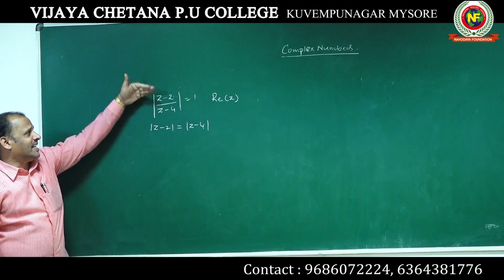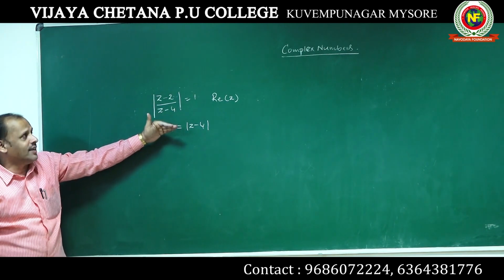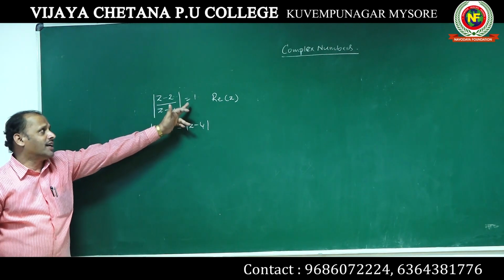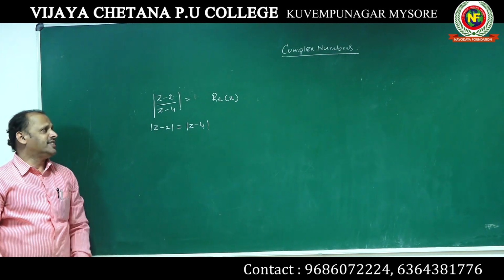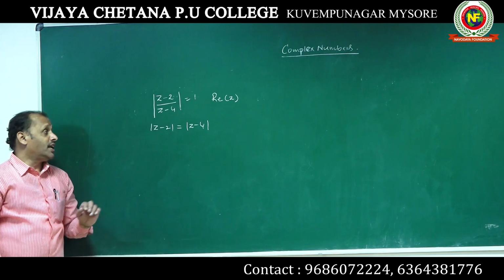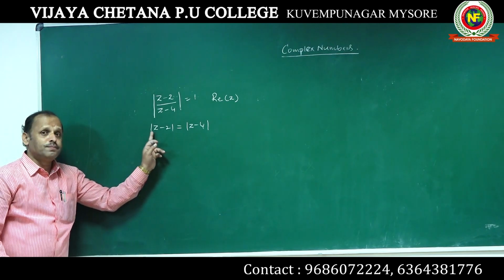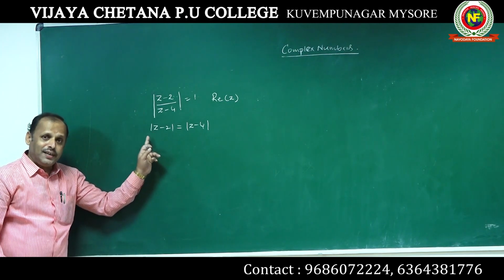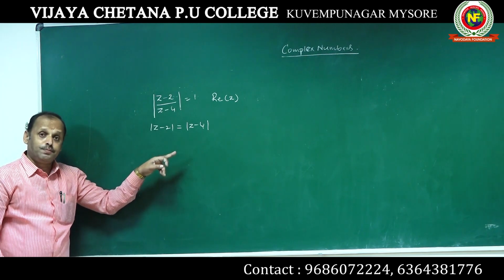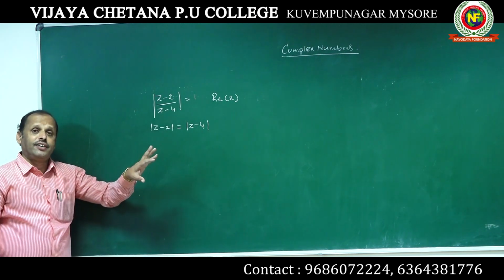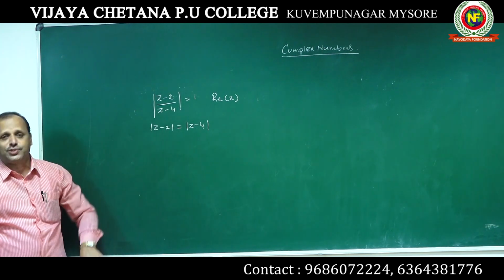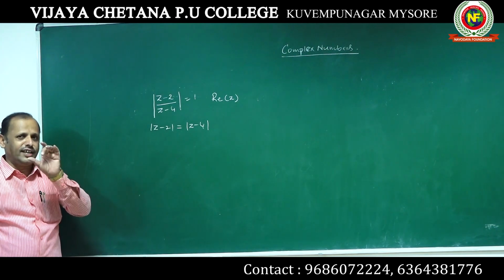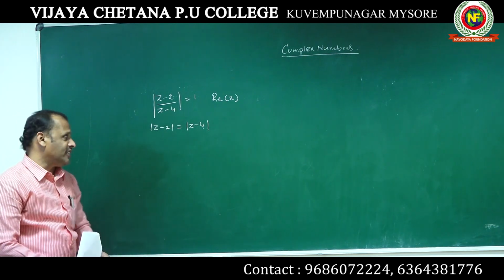Now here, what is z? X plus iy. Instead of x plus iy, you can take a plus ib also. Whatever it is, one is the real number and the other is the imaginary number.